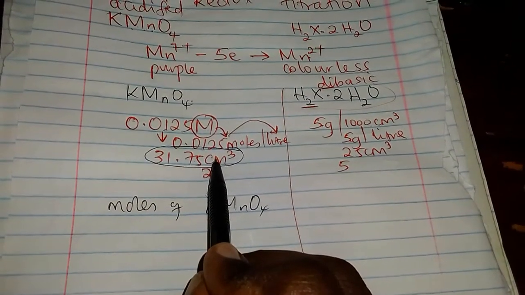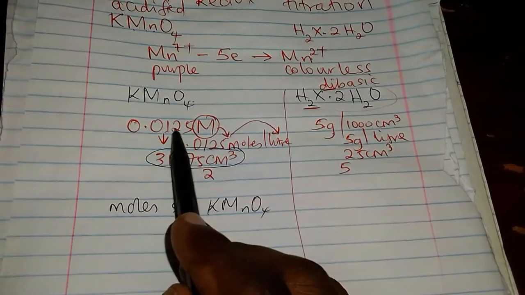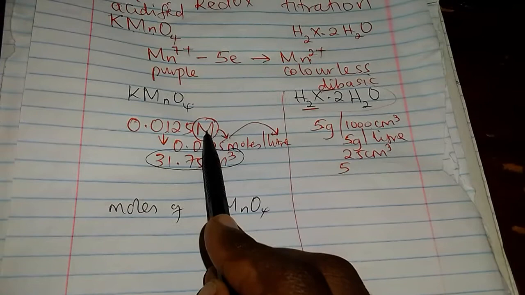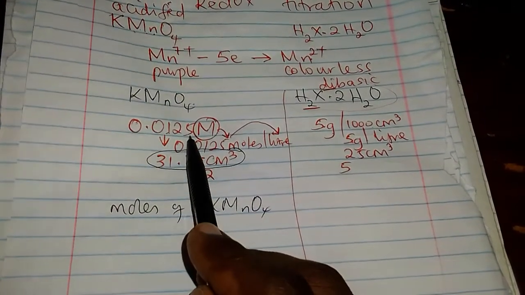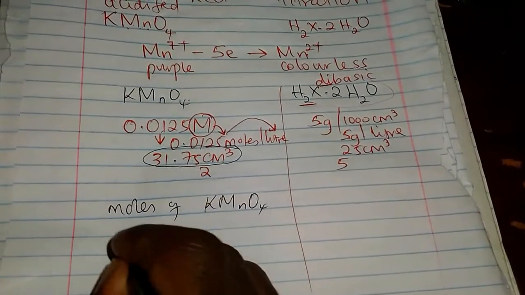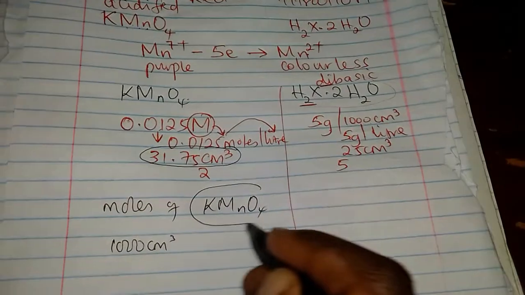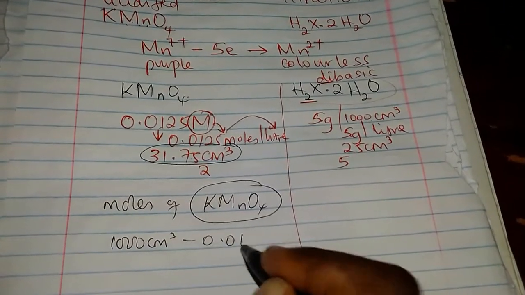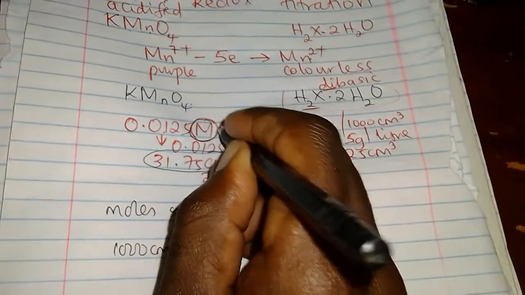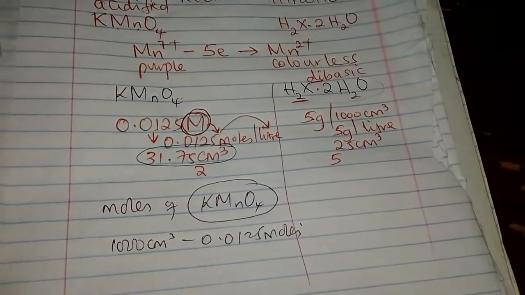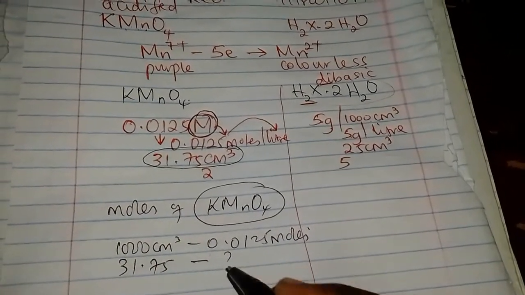On average, the concentration of this compound is 0.0125, which means in every 1000 centimeters cubed of this potassium manganate(VII) there are 0.0125 moles, because of this capital M, the molarity. So what about the volume that was used, which must contain the moles that reacted?